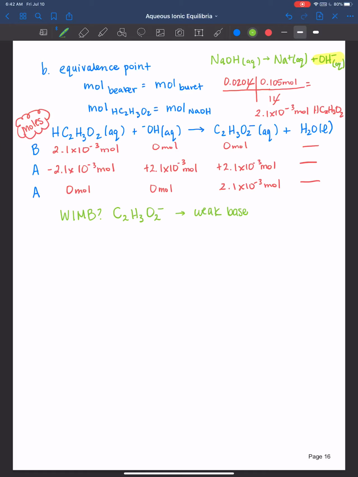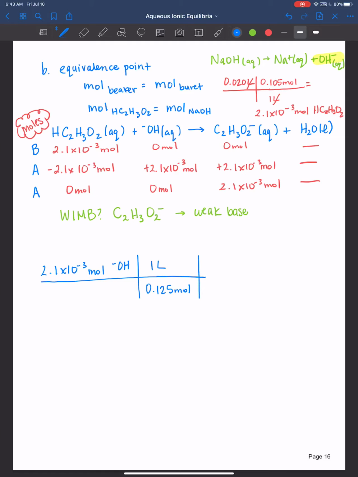But what this part of the question was asking was what was the volume that was needed to reach the equivalence point. So we know now that we needed to add 2.1 times 10 to the negative third moles of sodium hydroxide, or of the hydroxide. We know the concentration we added was 0.125 moles per liter.